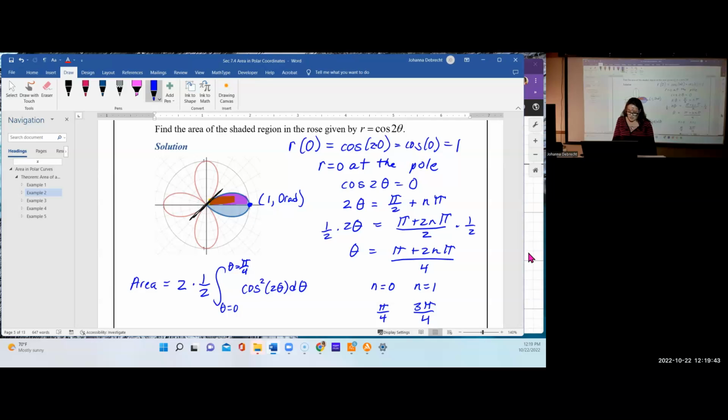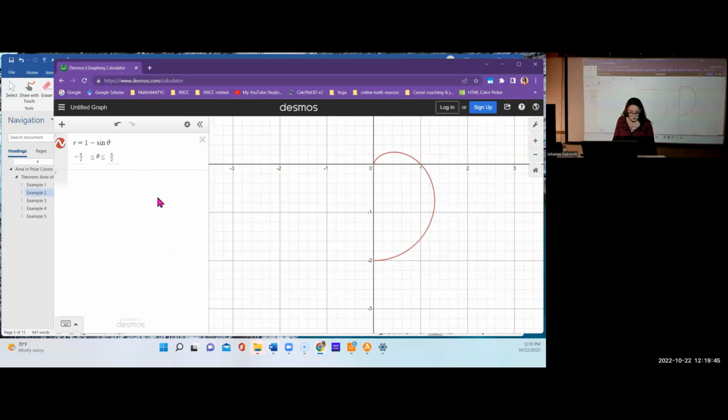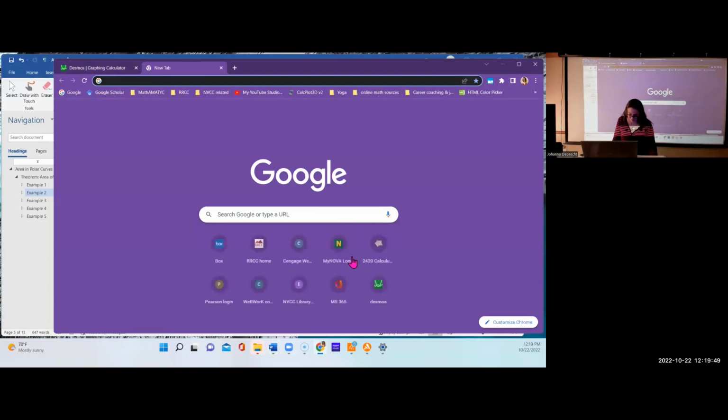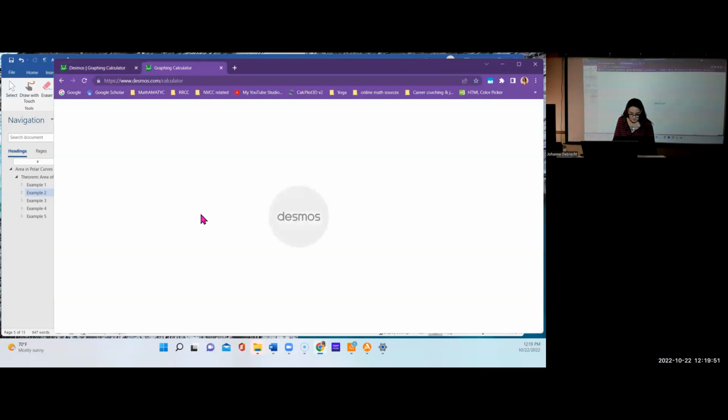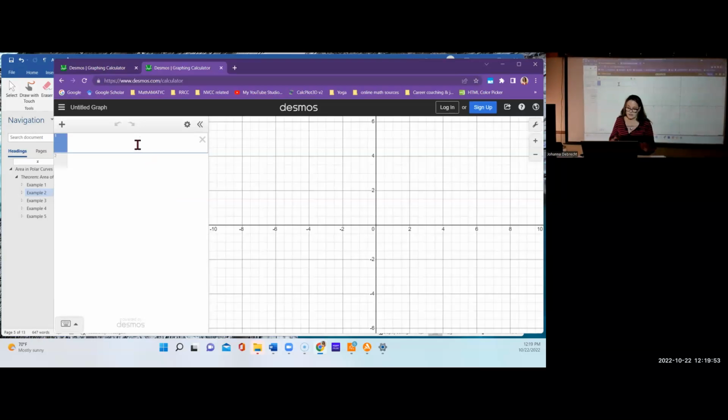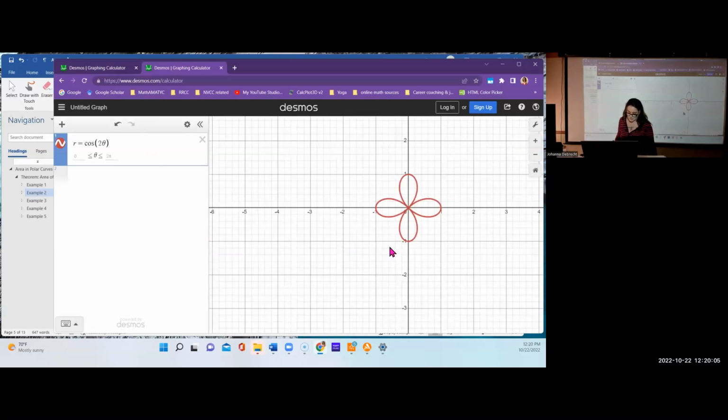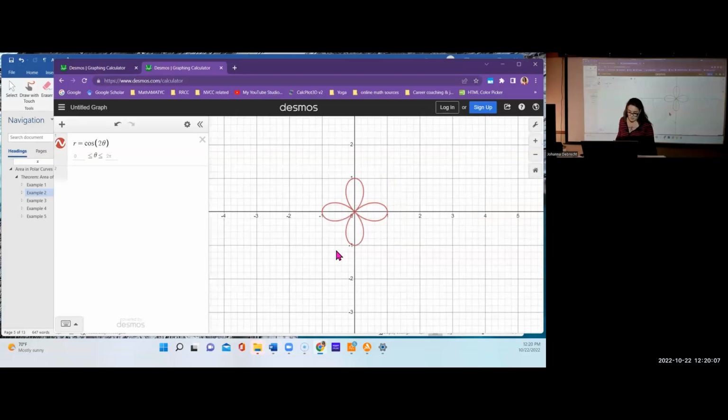So our formula is r equal cosine of 2 theta. So let's add another one. All right. R equal cosine 2 theta. All right. Now, this is a rose. It's a relatively small rose, right?